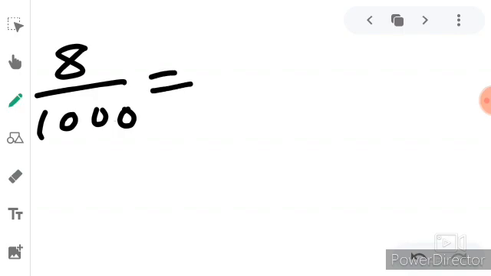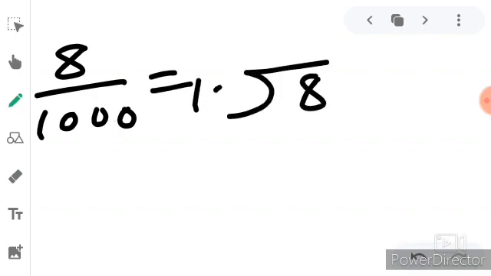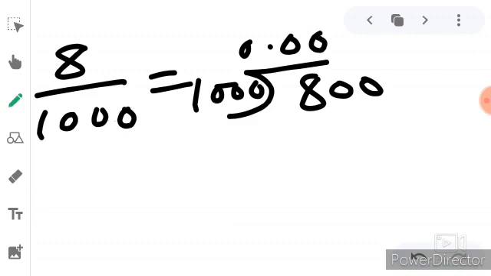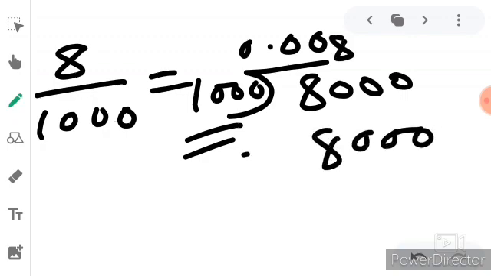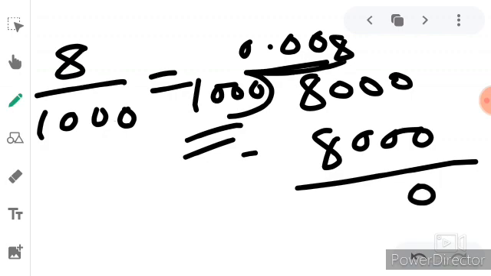So it is equal to 8 divided by 1000. Put decimal point first, 0. Again 0, here 0 also, here again 0, one more 0, 8000. Now read the table of 1000 up to 8. So 1000 8s are 8000. Now minus. So our answer is 0.008.